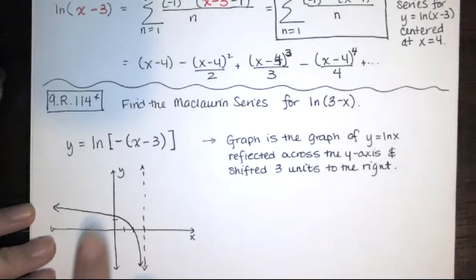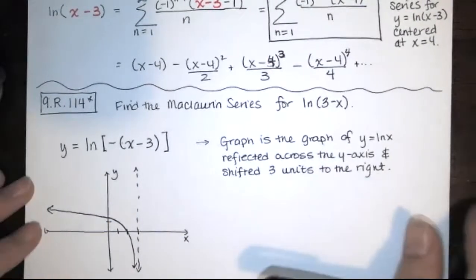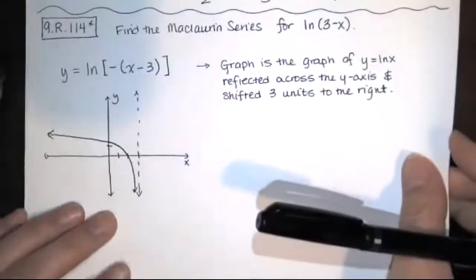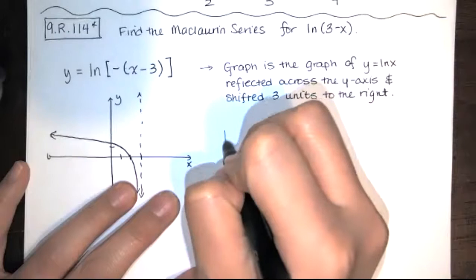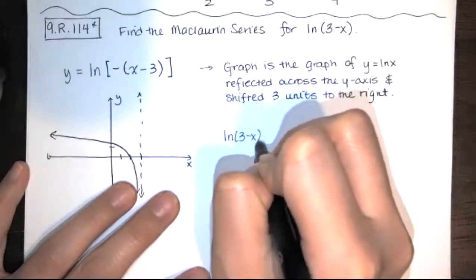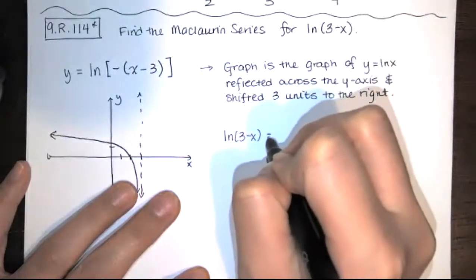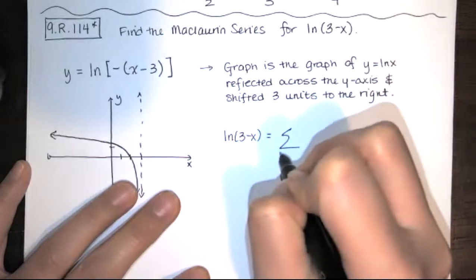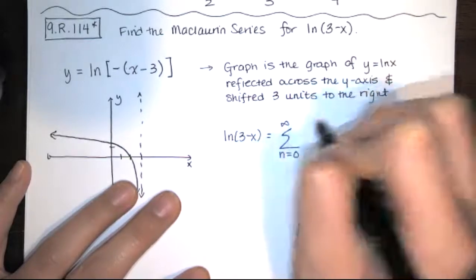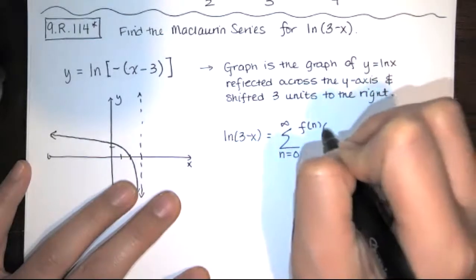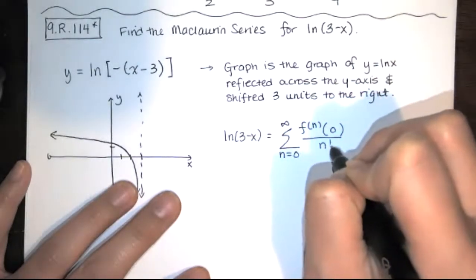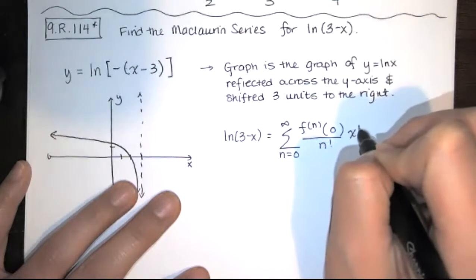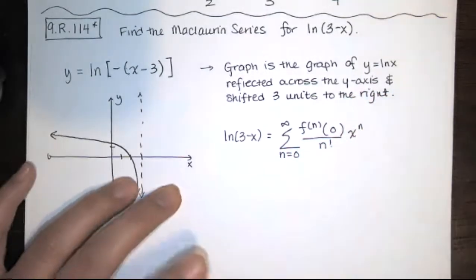Now this is a function that is well defined at 0, so we can actually find the Maclaurin series for this. Let's practice that. Now remember, when you're finding the Maclaurin series for a function, it's going to be the sum as n goes from 0 to infinity of the nth derivative of the function evaluated at 0, all divided by n factorial, times x minus 0 to the nth power.